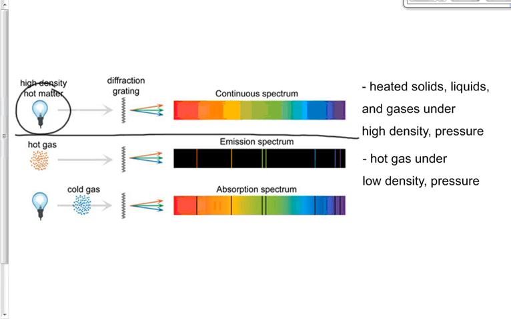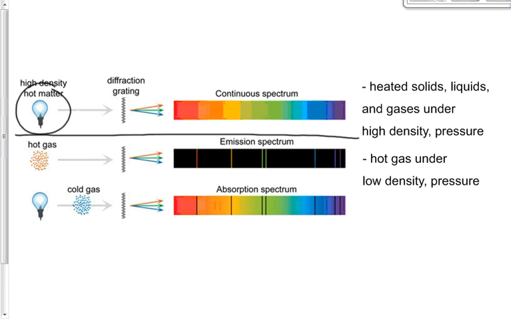Okay, our reference diagram has matter at high density. Maybe it's a solid, maybe it's a liquid or a gas at high pressure or high density. Maybe it's an old style light bulb, like an incandescent light bulb, right? Not the CFL ones or the LED ones, but one of the old style light bulbs. It produces, when it's turned on, white light. It generates all the colors of the rainbow. Okay, when we turn on that light bulb, we see all the colors coming down.